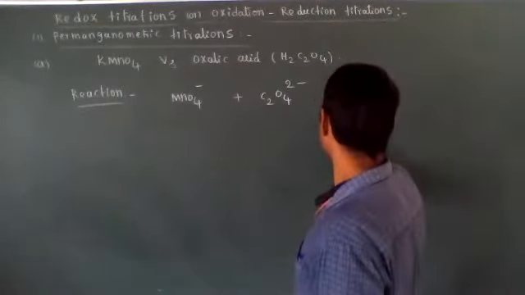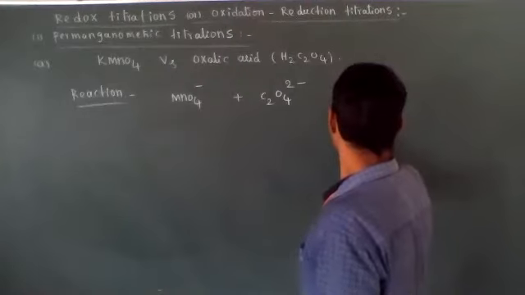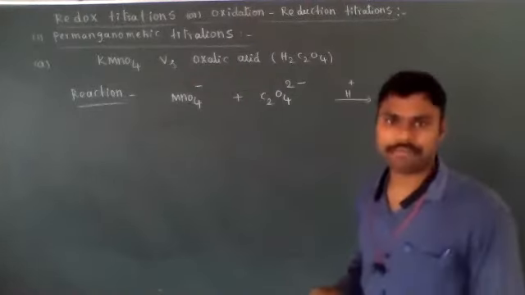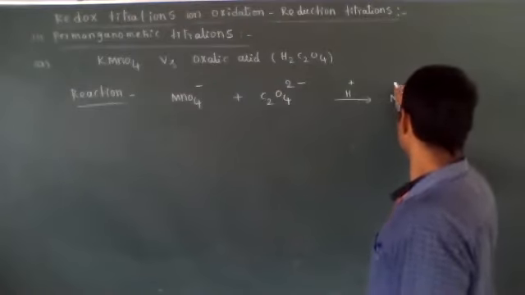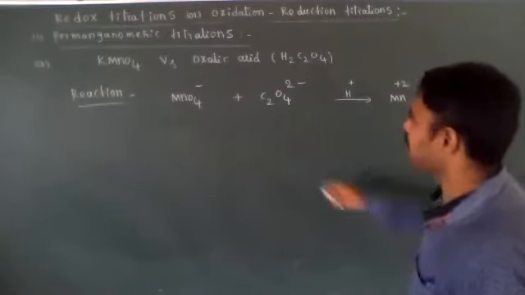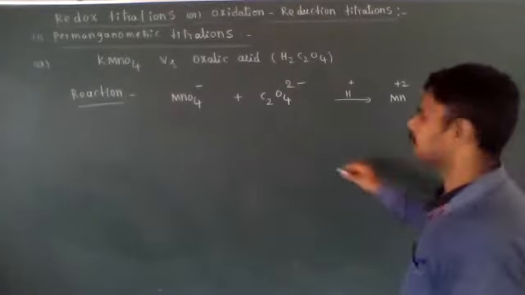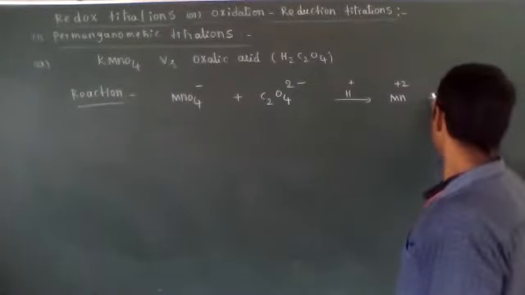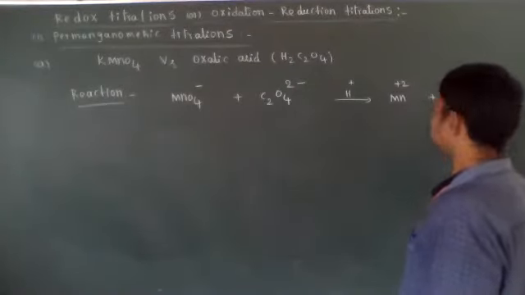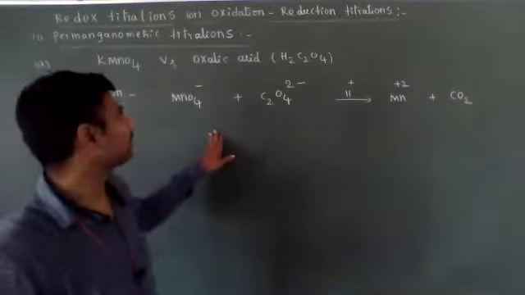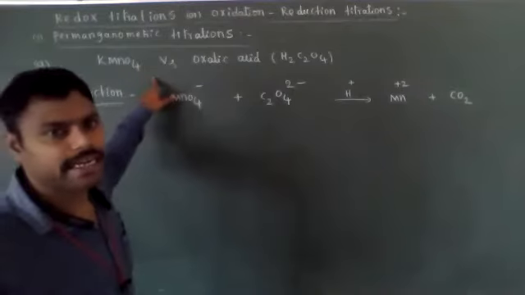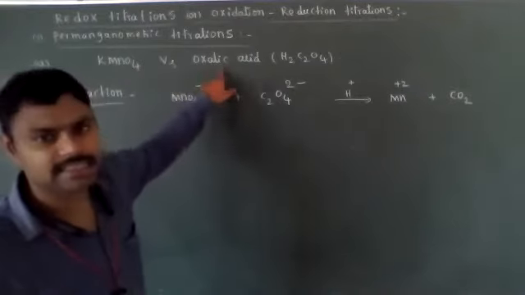In acidic medium, MnO4 minus is converted into Mn plus 2. These are the products. And C2O4 2 minus, the reducing agent, is converted into carbon dioxide. This is the skeleton equation. This reaction takes place when the titration is against KMnO4 versus oxalic acid.